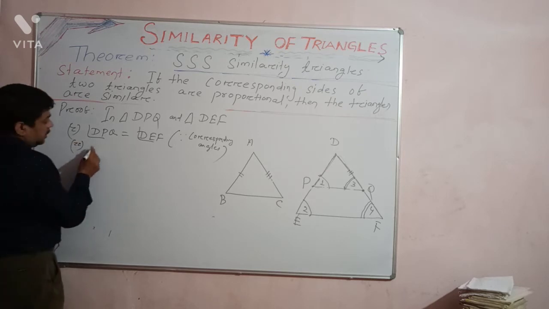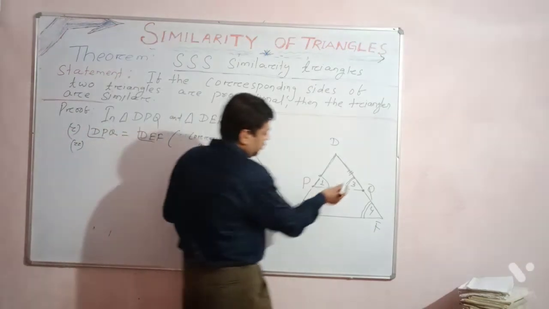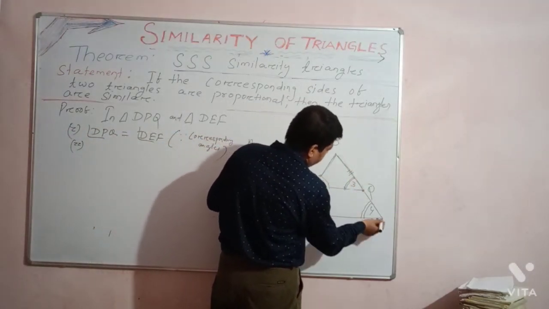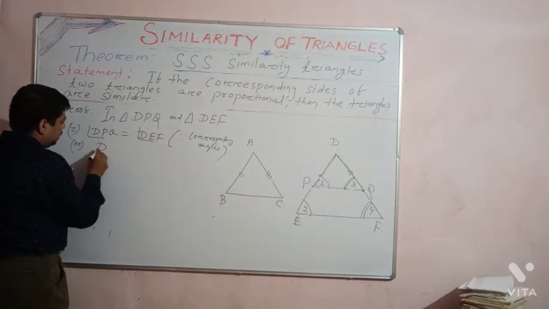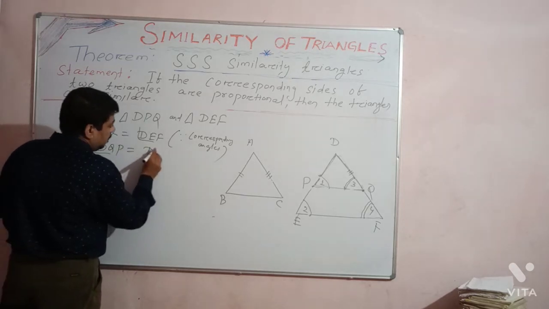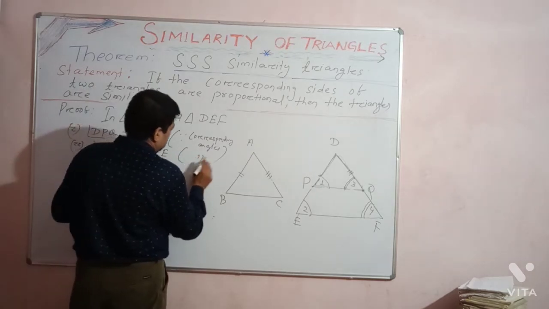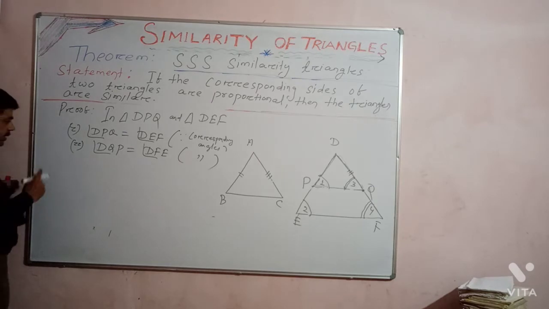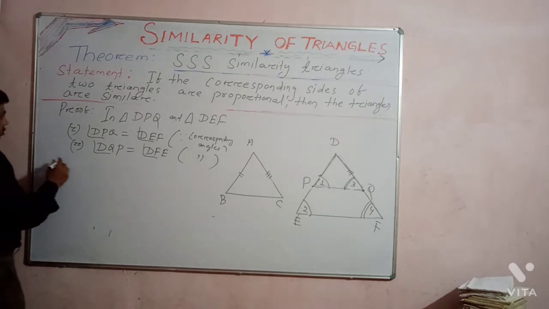The second point is that angle 3, angle DQP, is equal to angle 4, which means angle F, angle DFE. This is also a corresponding angle. So two corresponding angles of the two triangles are equal.